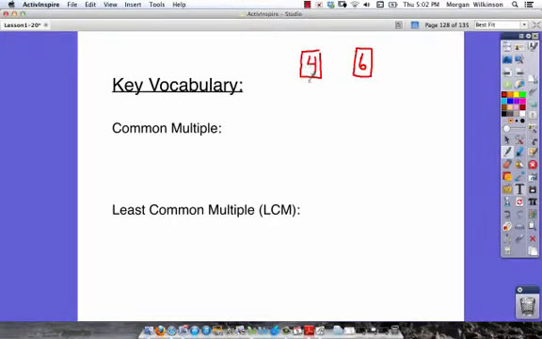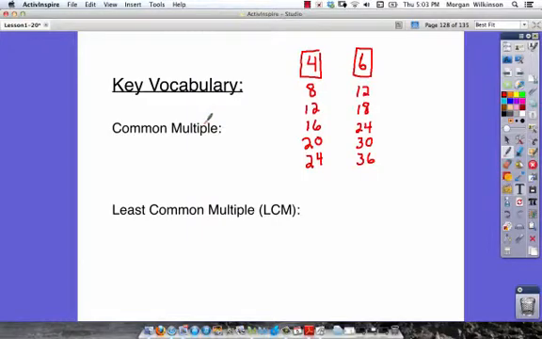Let's make a list of multiples of 4. We've got 4, 8, 12, 16, 20, 24, and let's stop there for now. For 6, we have 6, 12, 18, 24, 30, and 36.